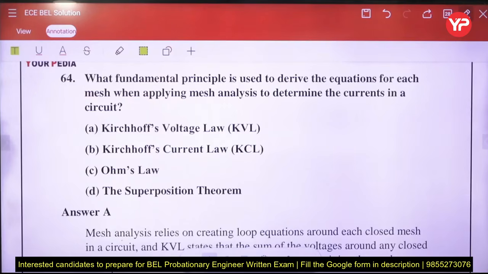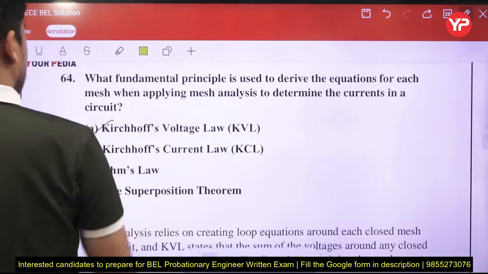Whenever you are applying mesh analysis, we use KVL, Kirchhoff's voltage law, and in nodal analysis we use KCL. So the answer will be A.